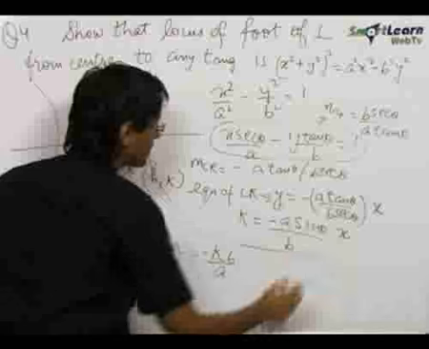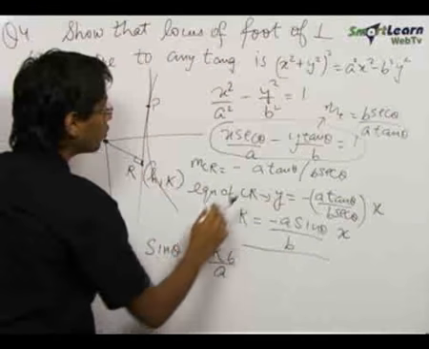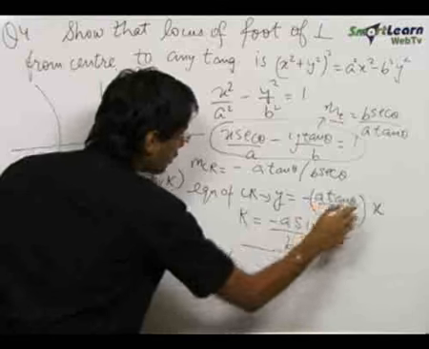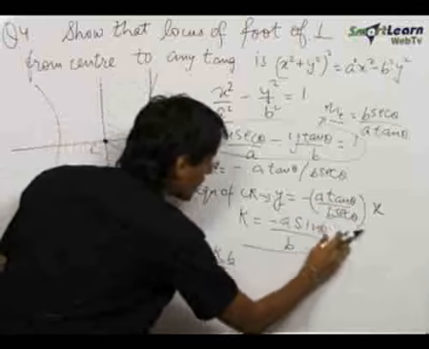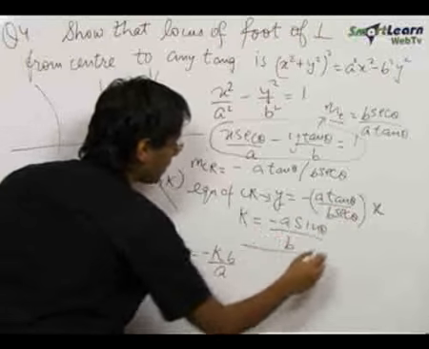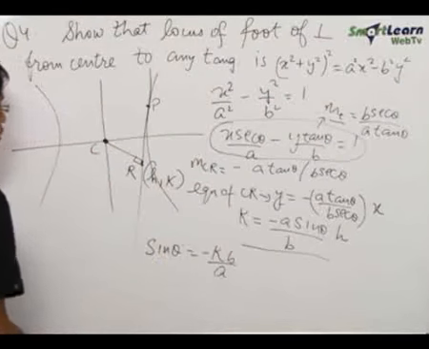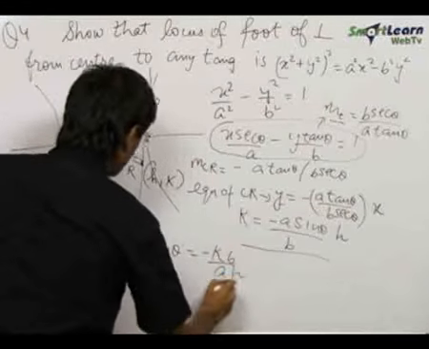This is y is equal to mx, and we found the slope to be equal to negative reciprocal of the slope of the tangent. So this becomes k is equal to minus a sin theta by b into h, and hence our value of sin theta comes out to be equal to minus kb upon ah.